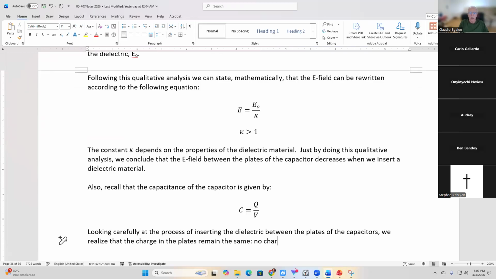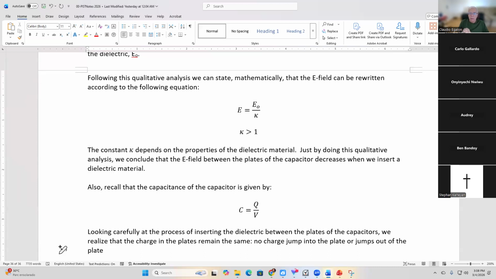No charge jumps into the plate or jumps out of the plate. The dielectric cannot do anything like that, right? The capacitor would lose its charge only if you connected an electric conductor between these plates.